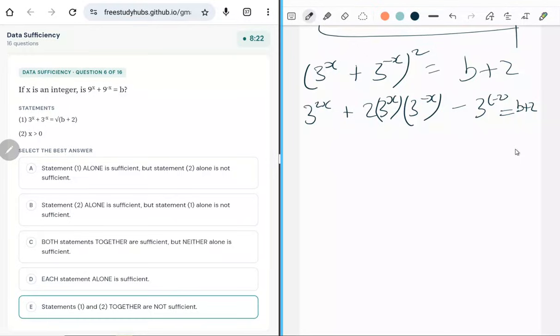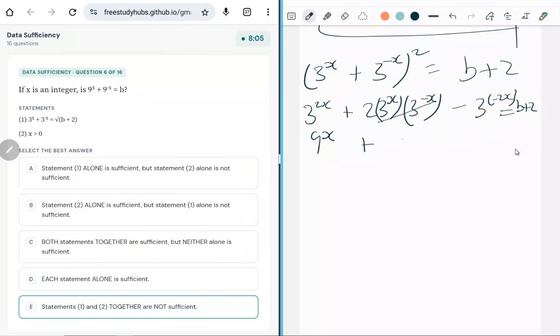I want you to notice that this times this will go, because s minus s is 0, so 3 raised to the power 0 is 1, so that is now 2. What is here is 3 squared, this is 9s plus what is there. Oh, I didn't write this s properly.